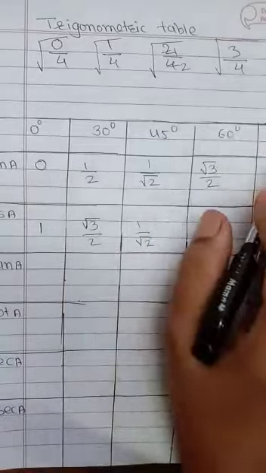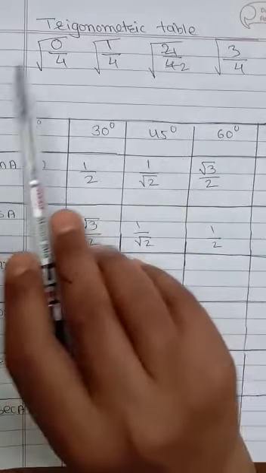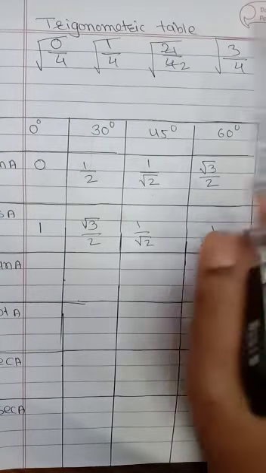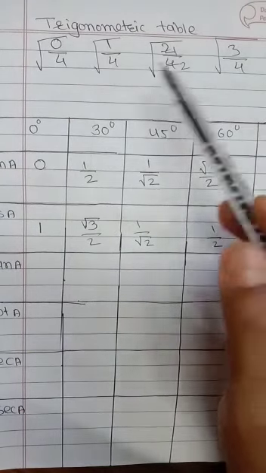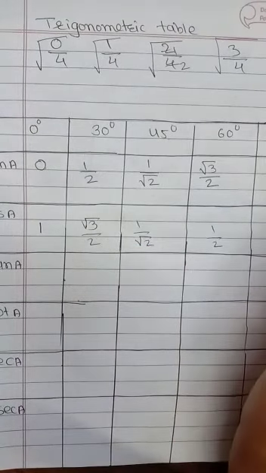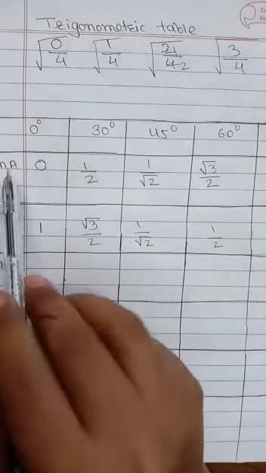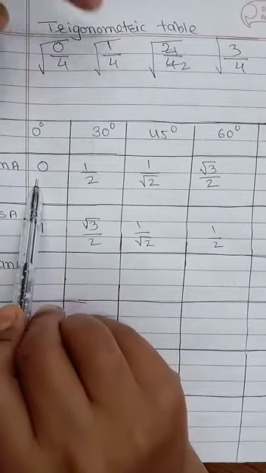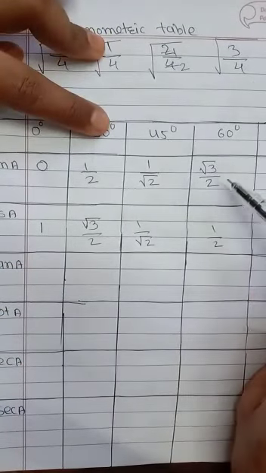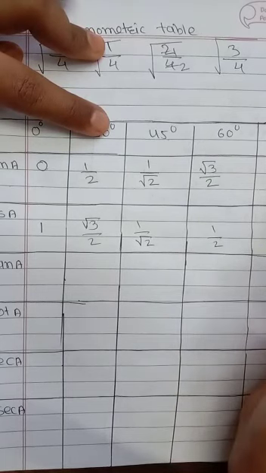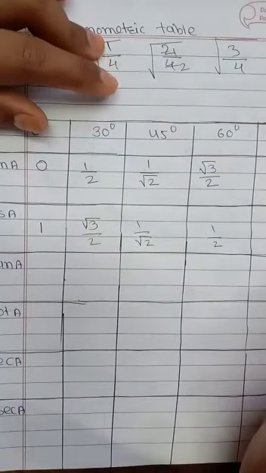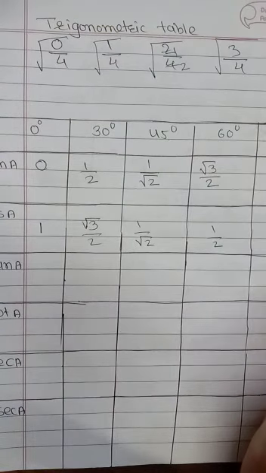Divide all the numbers by 4 and take the square root of all the numbers. Now whatever values we are getting are nothing but the values of sine for all these angles. Here we got 0, 1 by 2, 1 upon under root 2, under root 3 by 2, 4 by 4, that is 1. Write all these values in reverse order. That gives the values of cos.